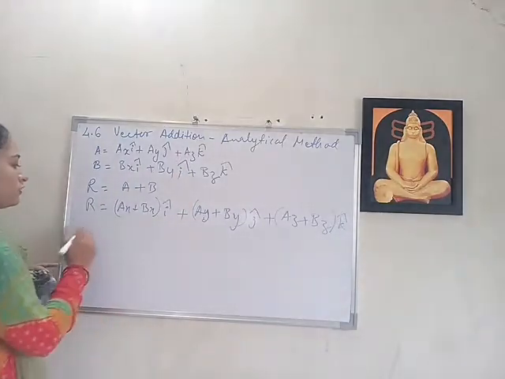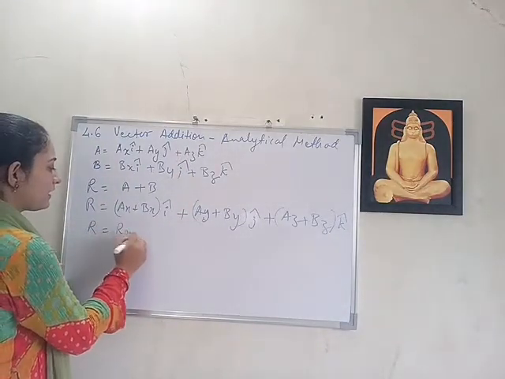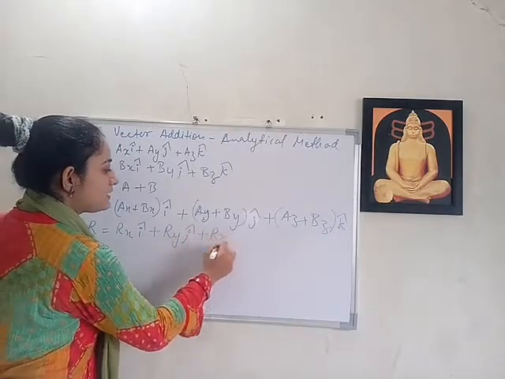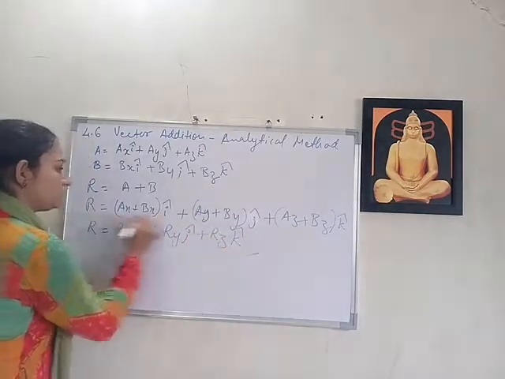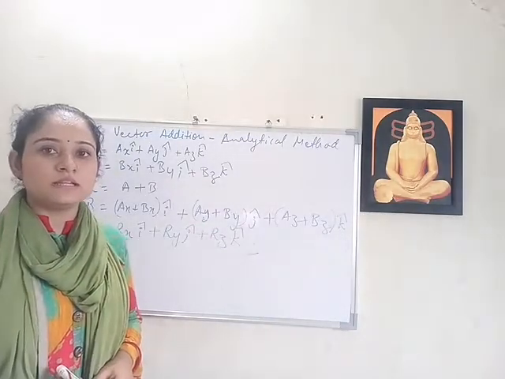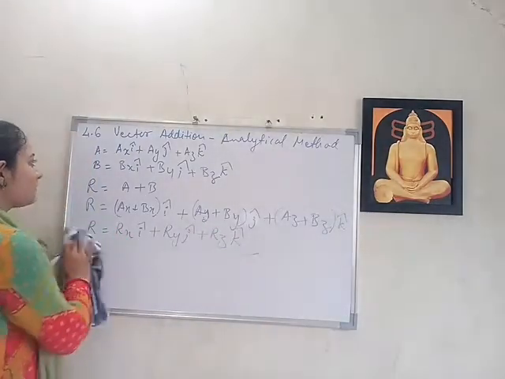Clear? So here it will be Rx i plus Ry j plus Rz k. So this is your resultant vector.